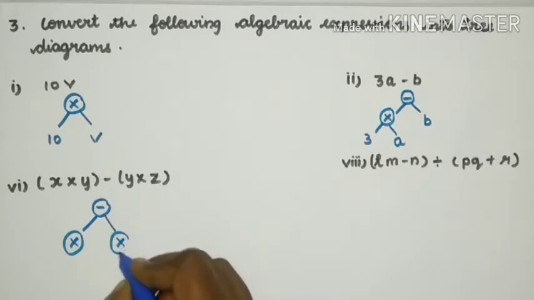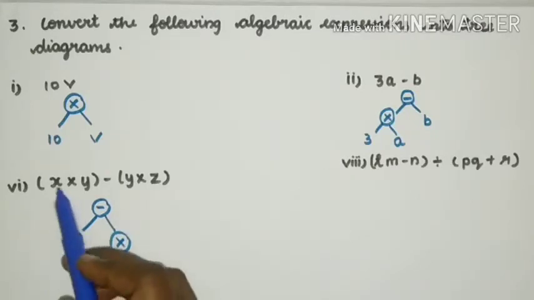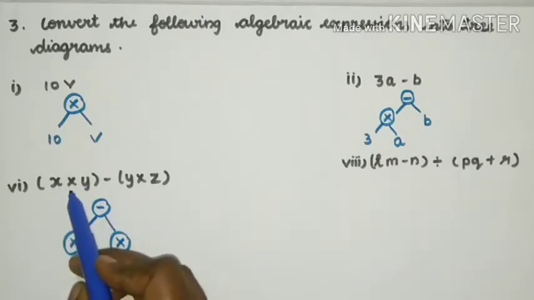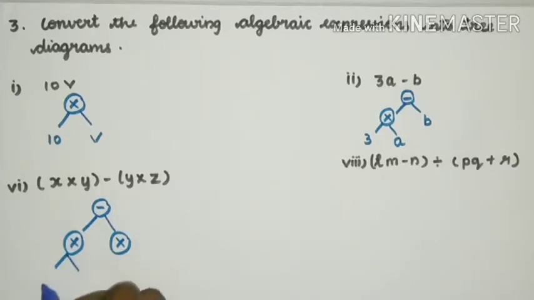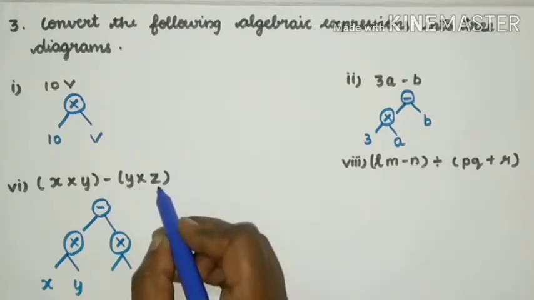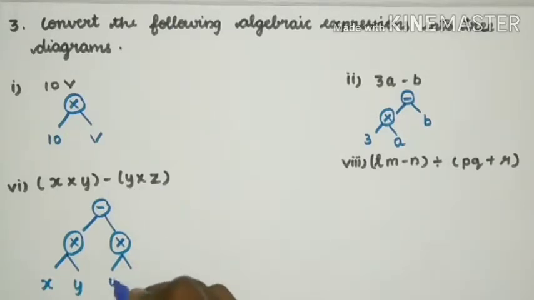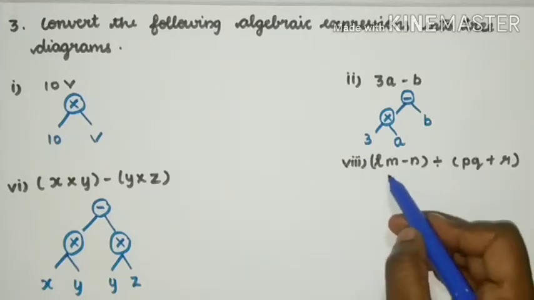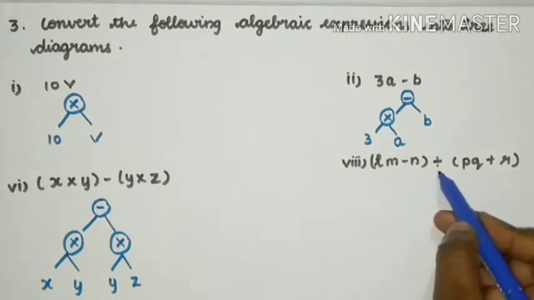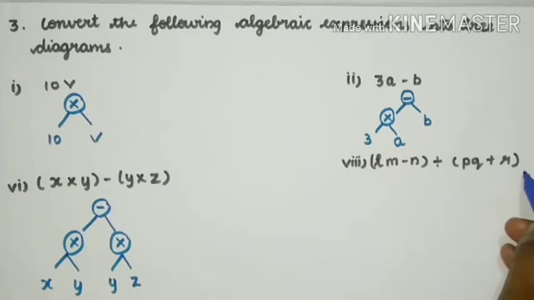So you have to write the multiplication symbol here. x and y are multiplied here, so x, y. Here y and z are multiplied, so y, z.